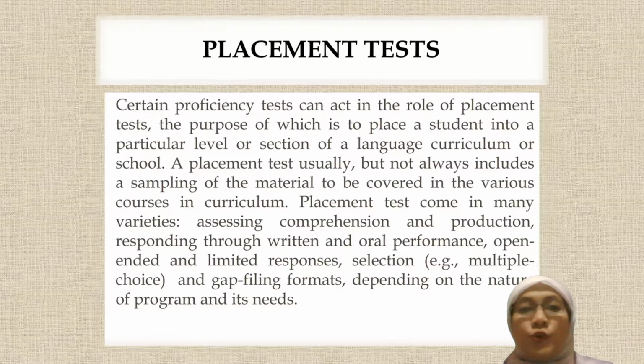A placement test usually, but not always, includes a sampling of the material to be covered in various courses in the curriculum. So some items will be taken from the basic level, some for the intermediate level, and some from the advanced level.